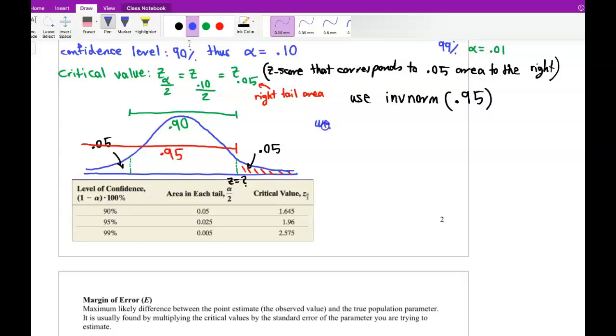We used area to the left to find the score.